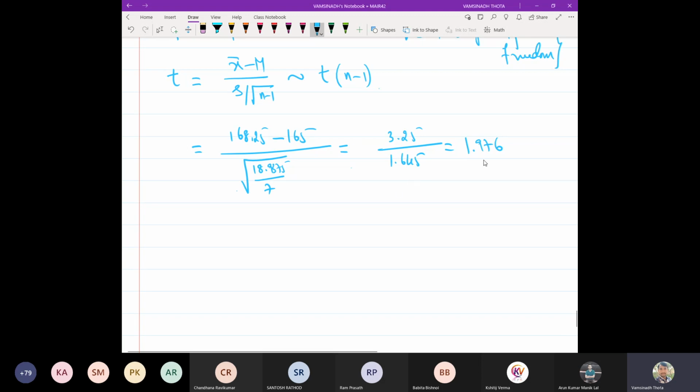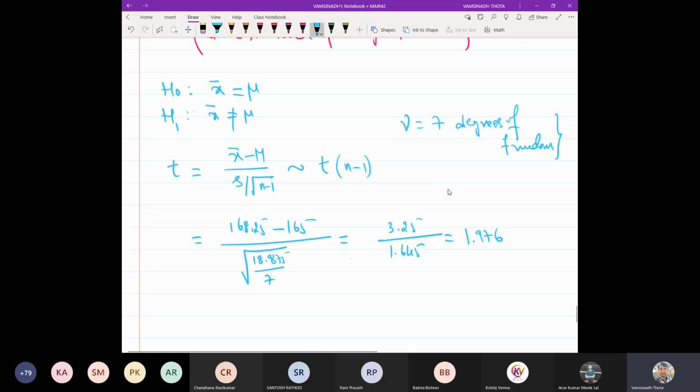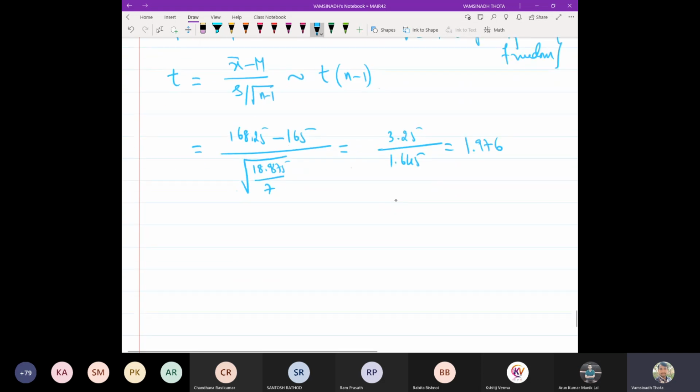So this is the calculated value. Now, what do we need to compare? We need to compare this value with the statistical table value at 5% level of significance. So from the table, 5% means 0.05, for 7 degrees of freedom. What is the value?